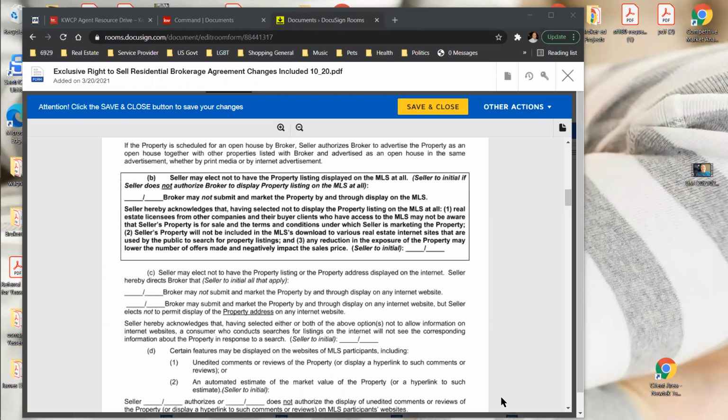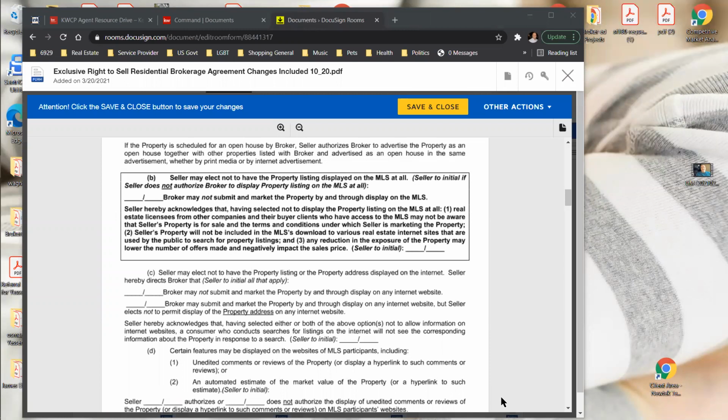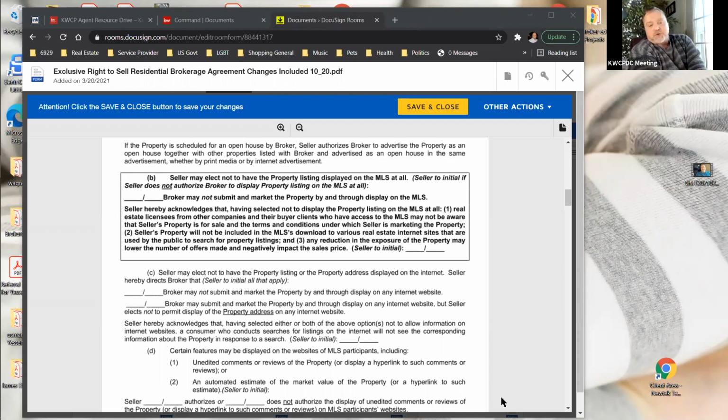Basically, the property has a listing agreement with the property owner, but we are not putting it on the MLS. So that's exactly the same situation. So it's the same thing, right? Yeah, office exclusive and pocket listing in that situation are the same thing. Okay.